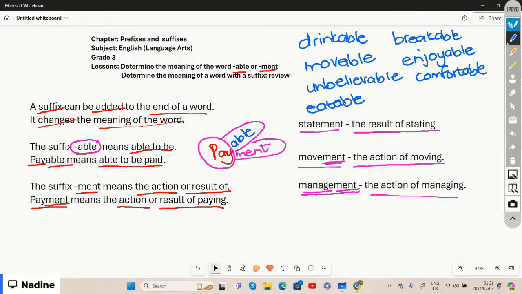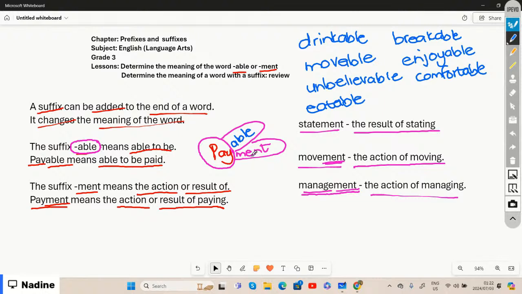I don't necessarily think that's a word. Let's think of more words. Look at drinkable. We are able to drink that water or drink something. Something that's breakable is something that is able to break.